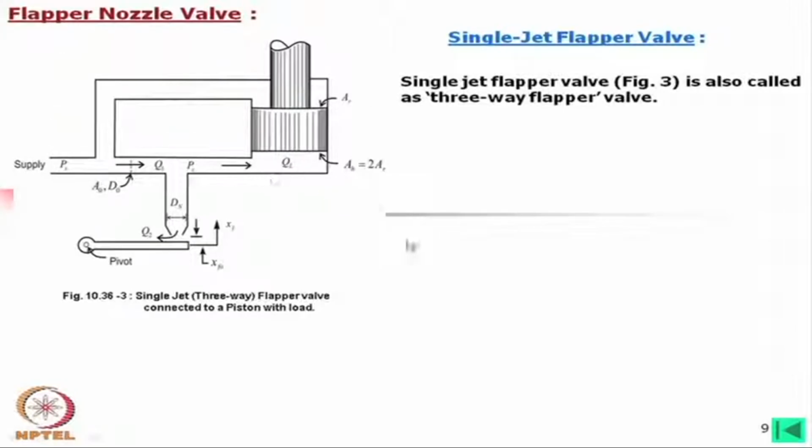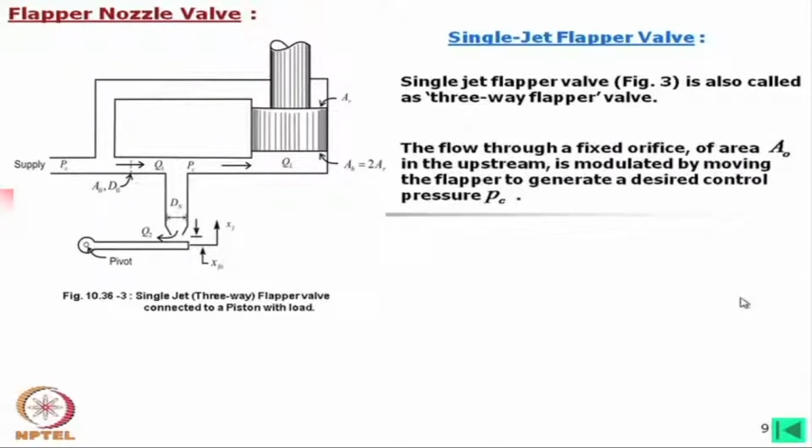Because the same principle we have seen is used for the spool valve also. Now, the flow through a fixed orifice of area A0 in the upstream is modulated by moving the flapper to generate a desired control pressure Pc. Here a fixed orifice A0 is provided, and flow is going through this.